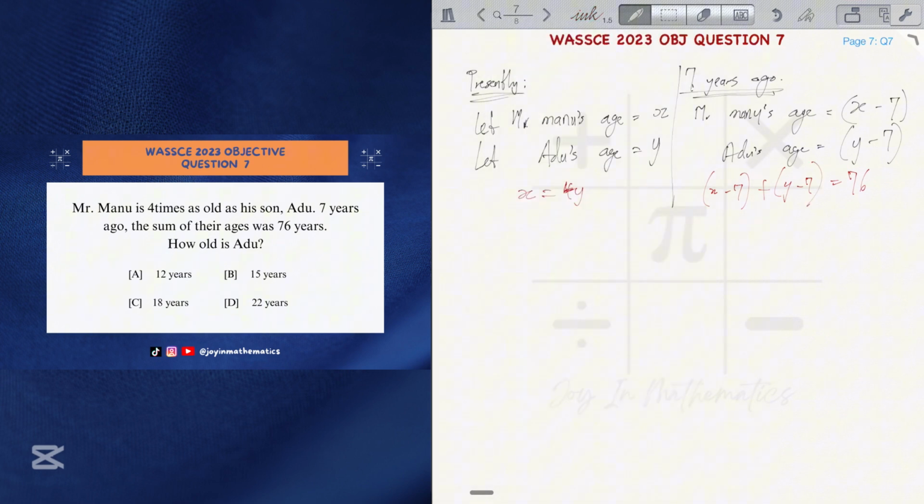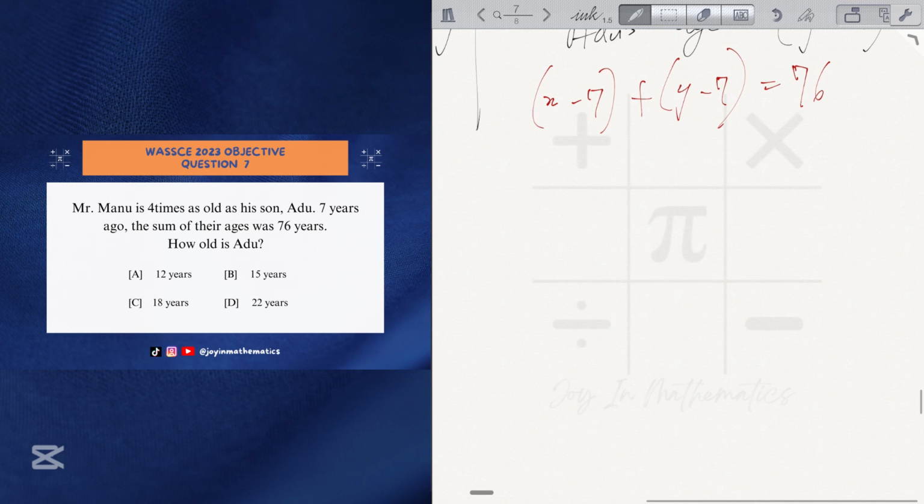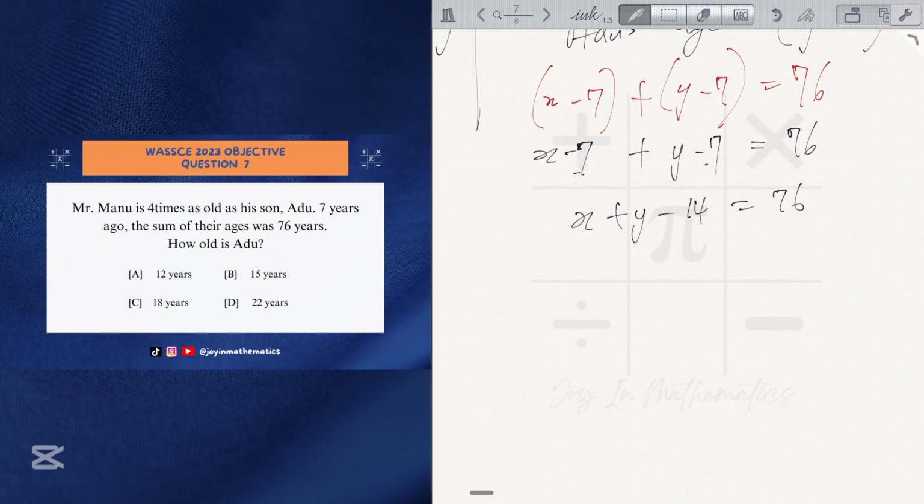We understand that x is equal to 4y. We can call it equation 1. If we simplify further, we'll have x plus y minus 14 is equal to 76. Moving minus 14 to the right hand side, we have x plus y equals 76 plus 14, so x plus y is equal to 90.